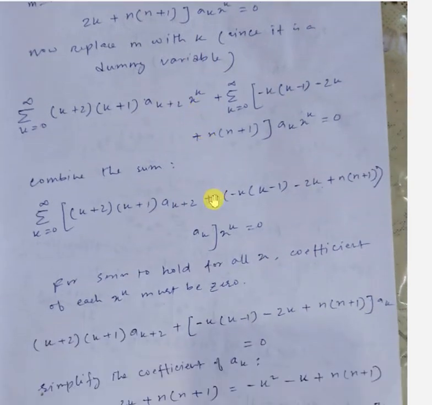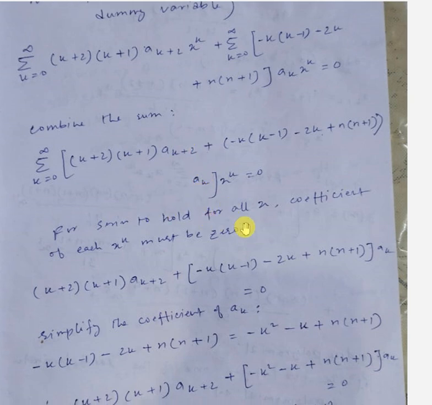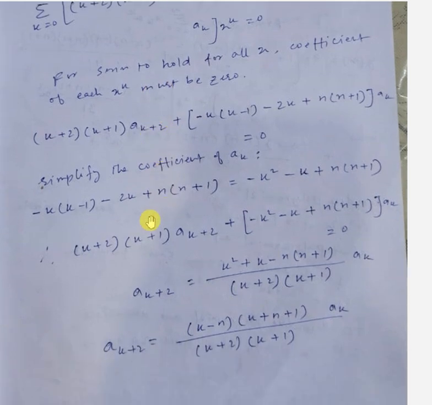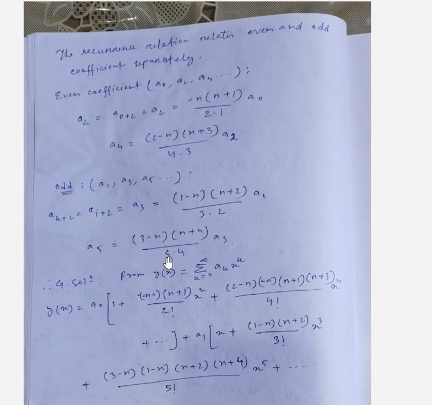And after combining these terms, we equate the coefficients to 0 and we find the coefficient at k plus 2, which is related to ak. So the odd term will be 0. Odd terms will not be 0, but you can find the odd terms.